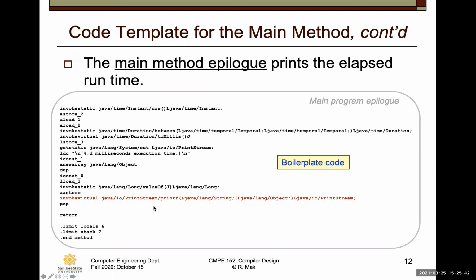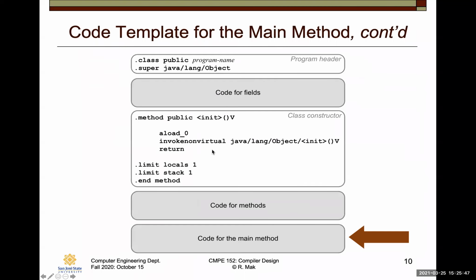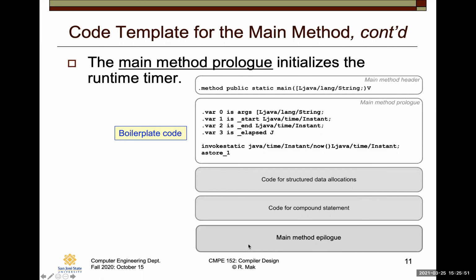All right, so we're looking at the code for the main method, and we've taken care of the header, the prologue, and I just showed you the epilogue. I said we're going to look at arrays and records later. And so here's where all the executable code goes for the main.